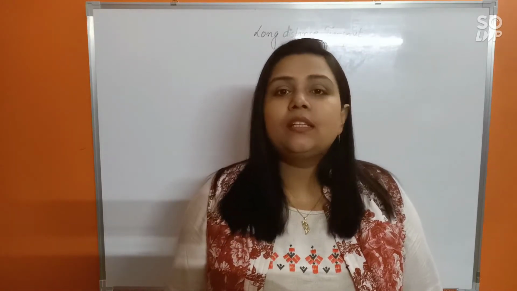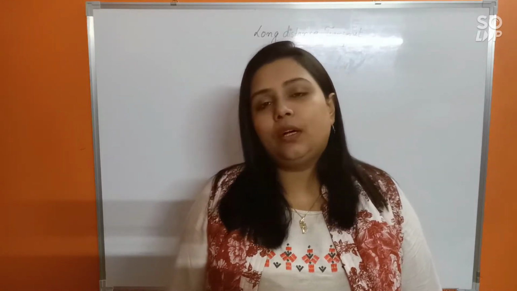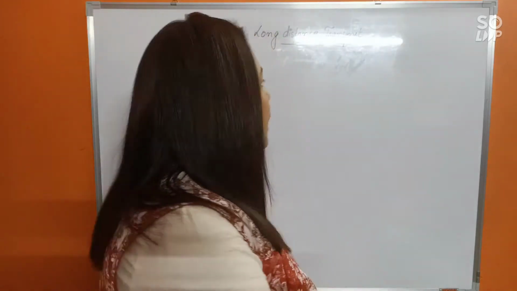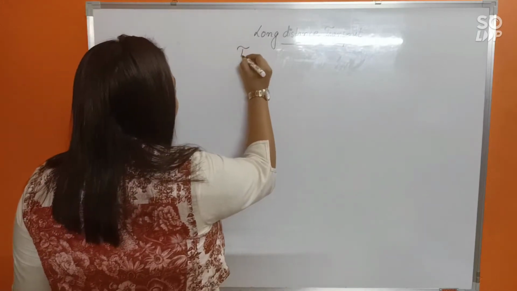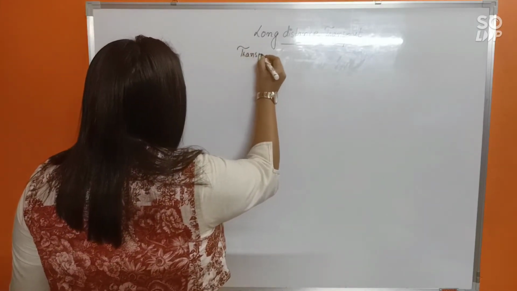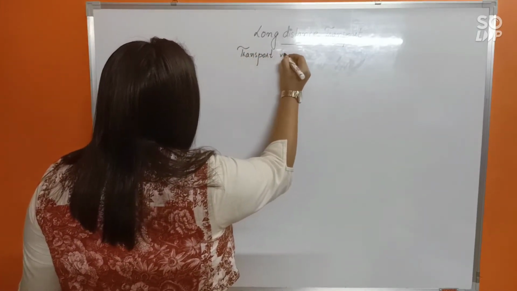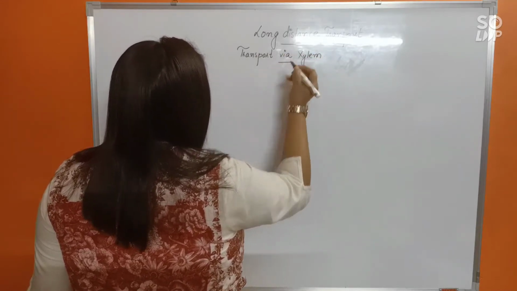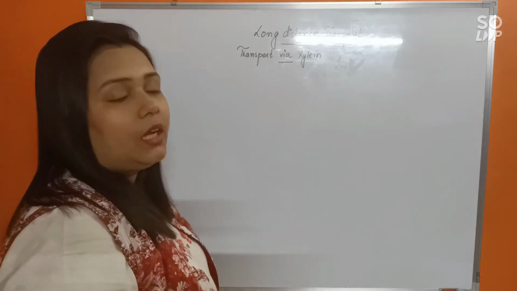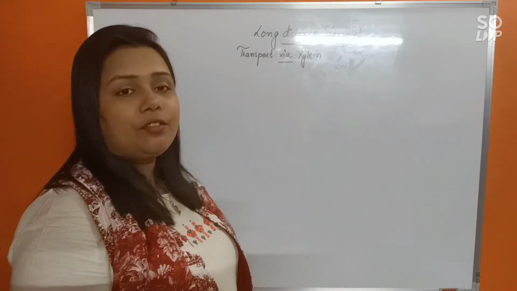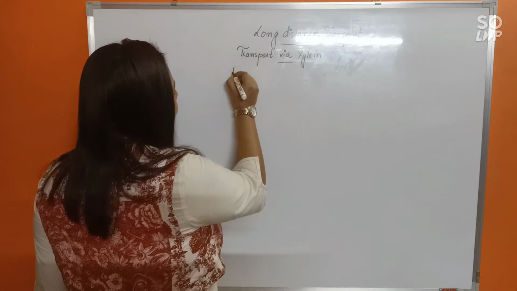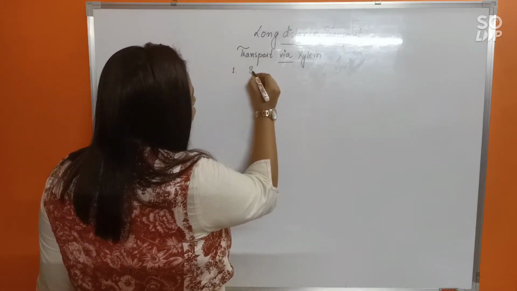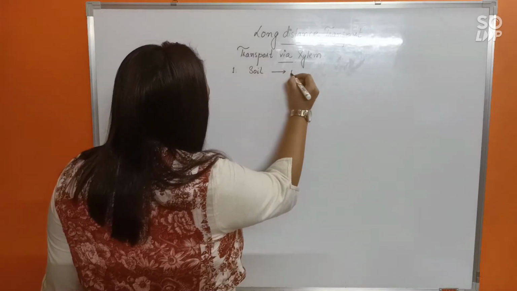Let us start with xylem. How would transport of materials occur with the help of xylem? See, transport via xylem mainly occurs in three stages. One, you have to understand how water moves from soil to the root hair.